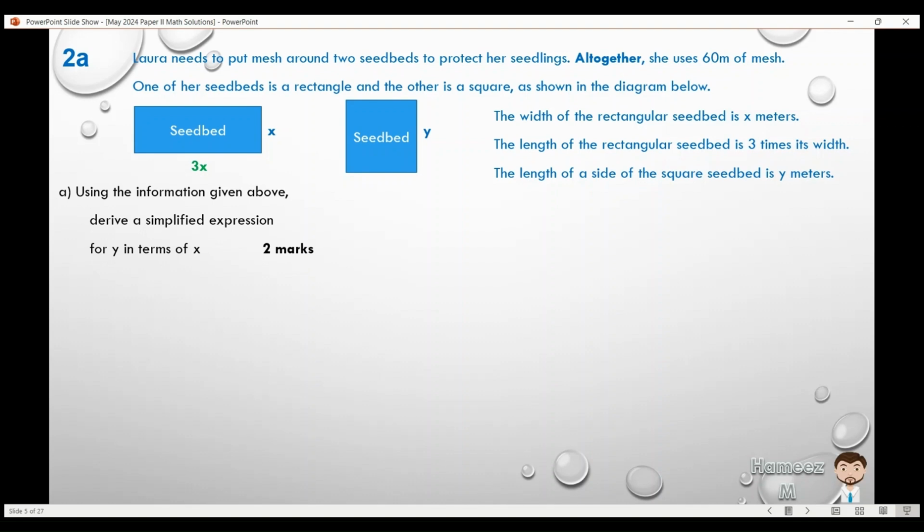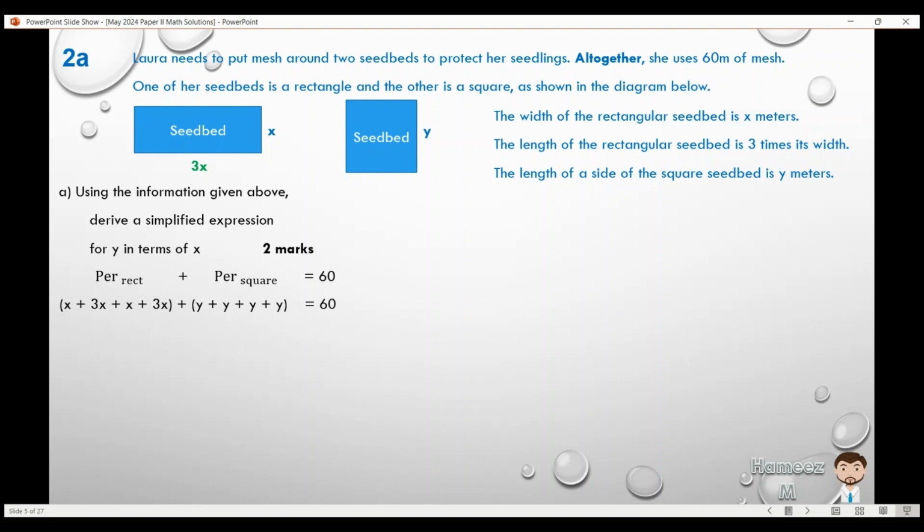Now, one of the things we know, if we go back to the first line, is that altogether she uses 60 meters of mesh, as she's putting mesh around the 2 seed beds. So what that means is that the perimeter of the rectangle and the perimeter of the square would be 60 meters.